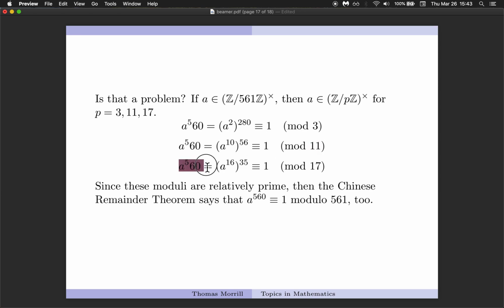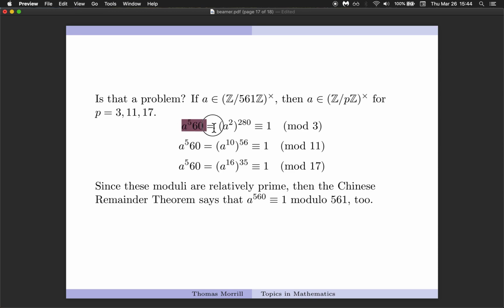And again for 17. A to the power 560 is the same as A to the power 16 to the power 35. A to the power 16 has got to be 1 mod 17, so this stuff in parentheses is 1. I've got 1 to the power 35, which is just 1.